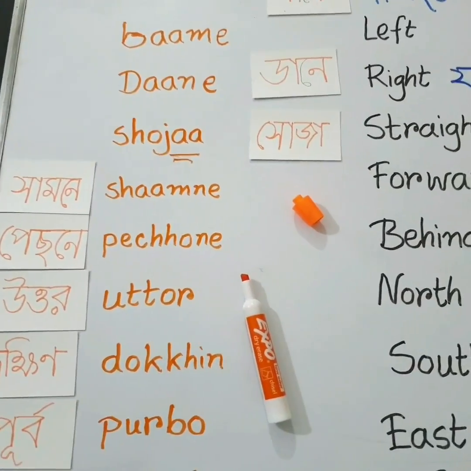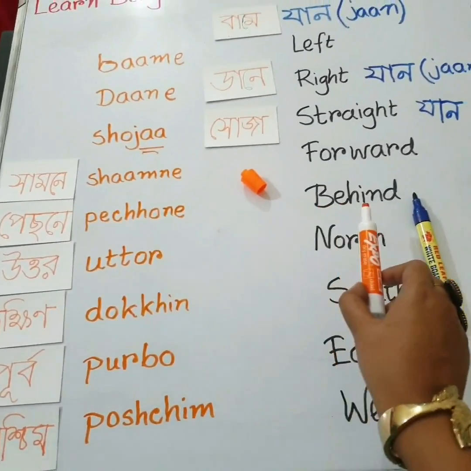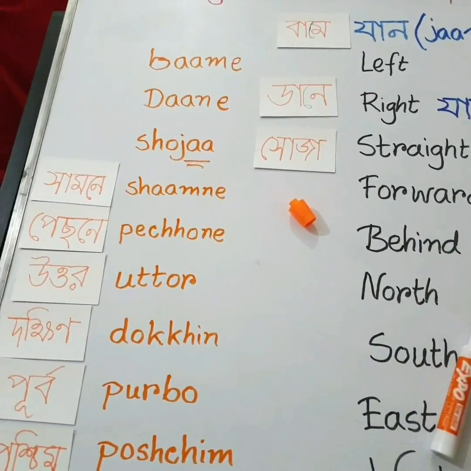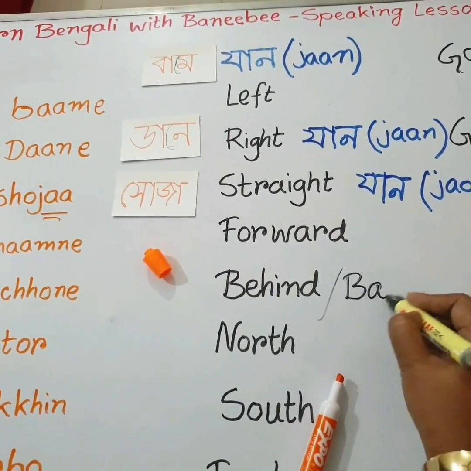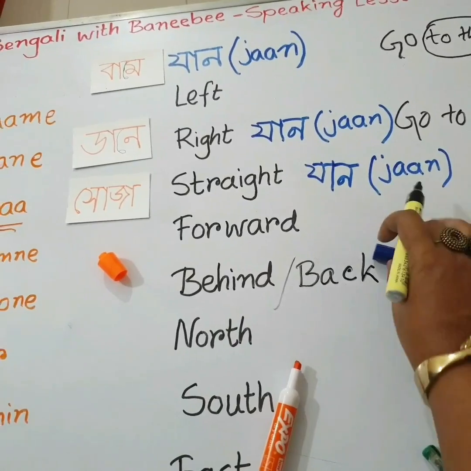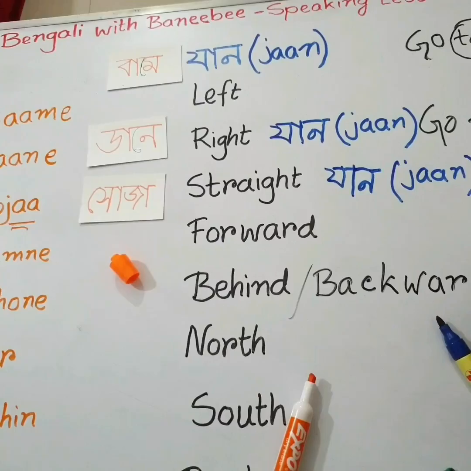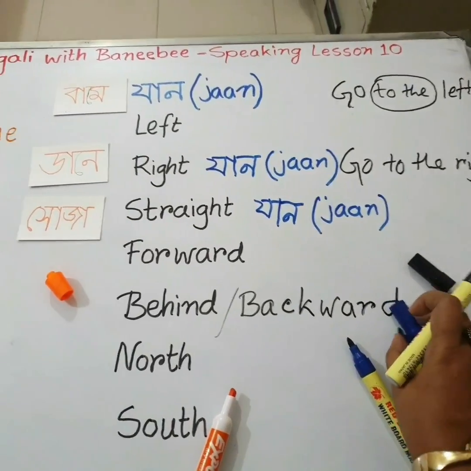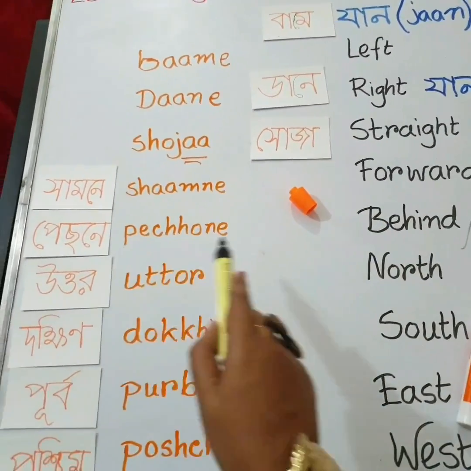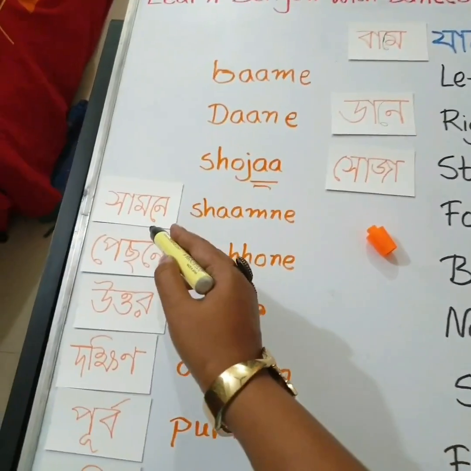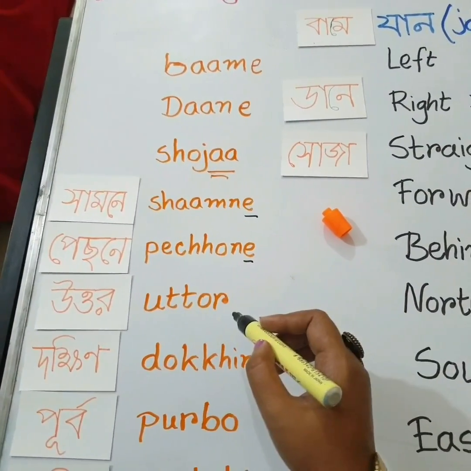Shamne. What is this shamne, pechone means? Shamne is forward, pechone is behind or backward, right? Now these words shamne, pechone, both of these have this a ending. See, it already has the a ending.